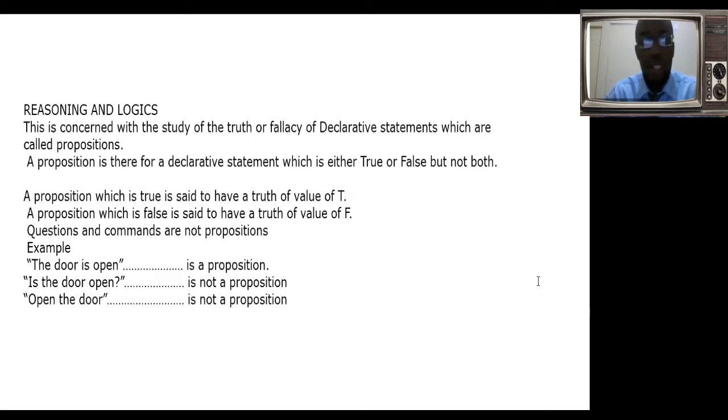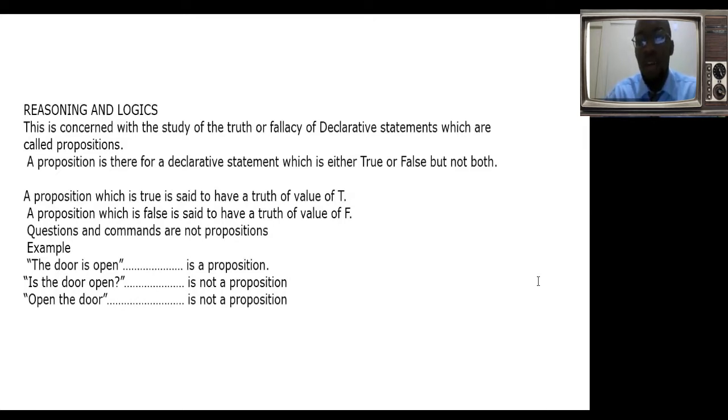So here we have some examples. The door is open is a proposition. If I look behind me, I can look and see whether the door is open, and I can say yes, the door is open, or yes, the door is closed. So that statement is either true or false. Now, is the door open? That is not a declarative statement, and since it's not a declarative statement, it is not a proposition.